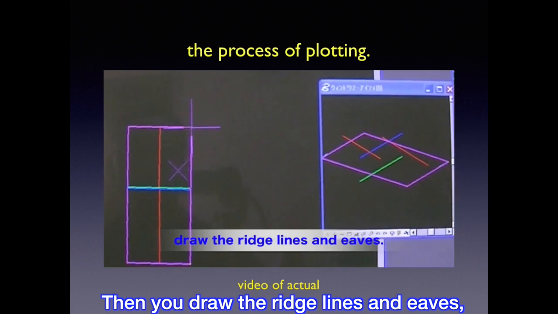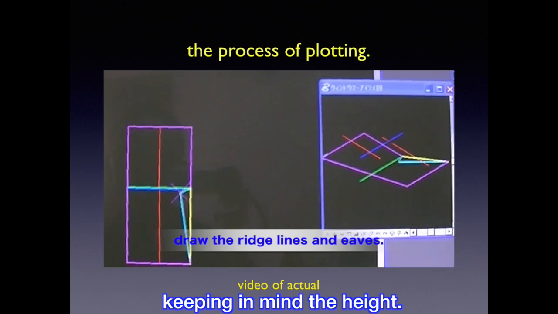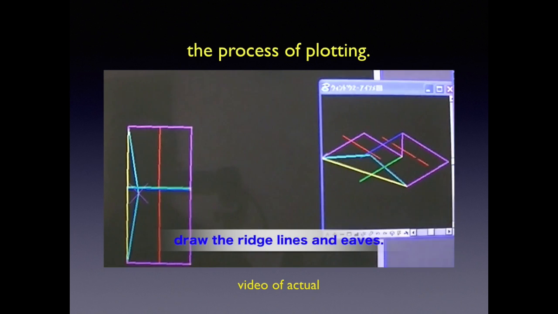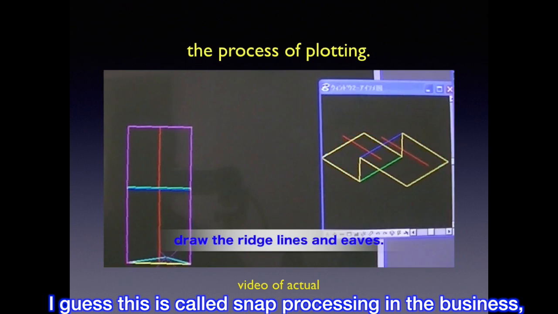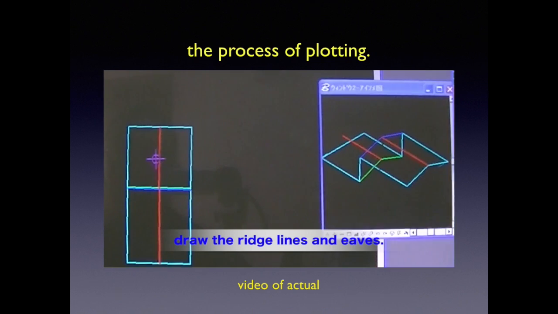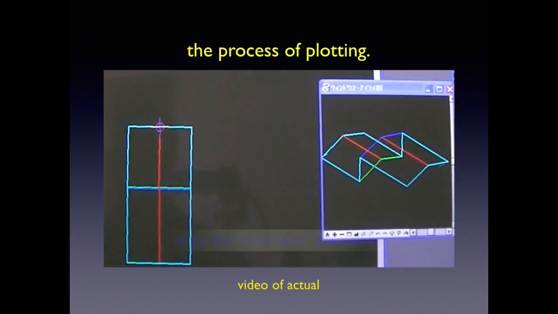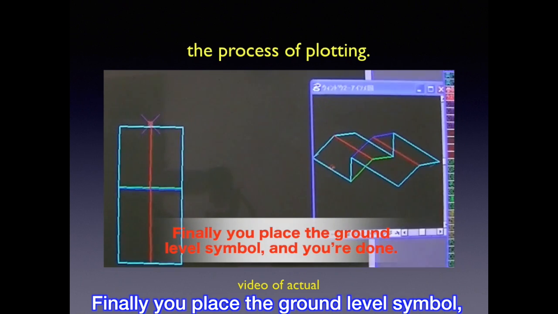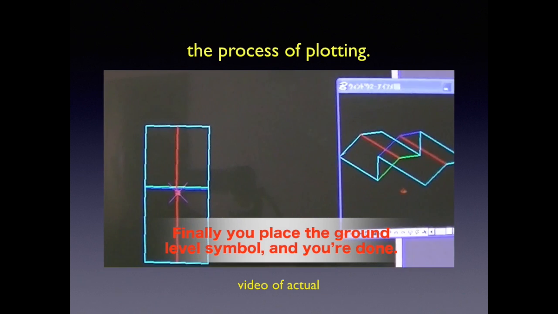Then you draw the ridge line and eaves, keeping in mind the height. I guess this is called snap processing in the business, a CAD unique step of matching coordinates. Finally, you place the ground level symbol, and you are done.